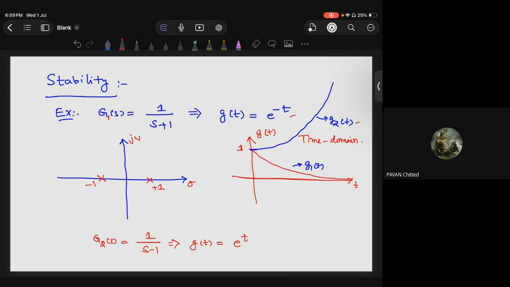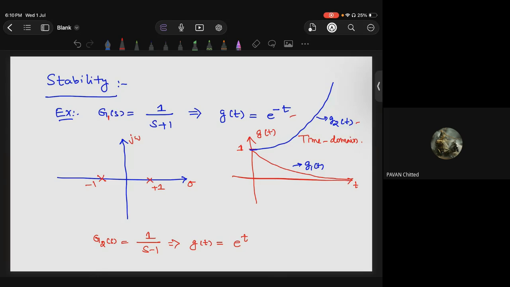Okay, so what is the condition to make this response go to zero? Where should my pole exist? On the left hand side. Exactly. My pole should exist on the left hand side. Here it should converge to zero.